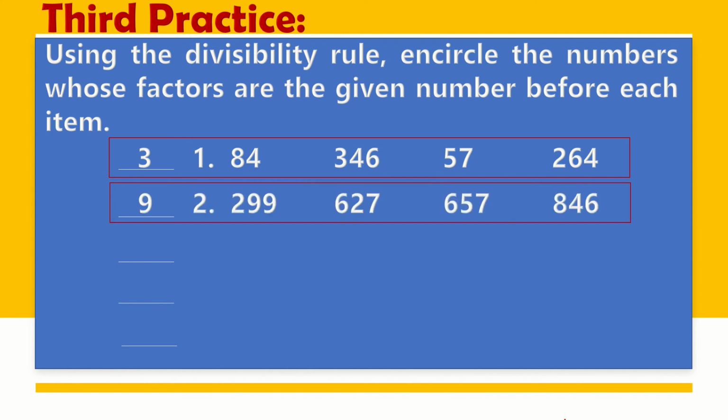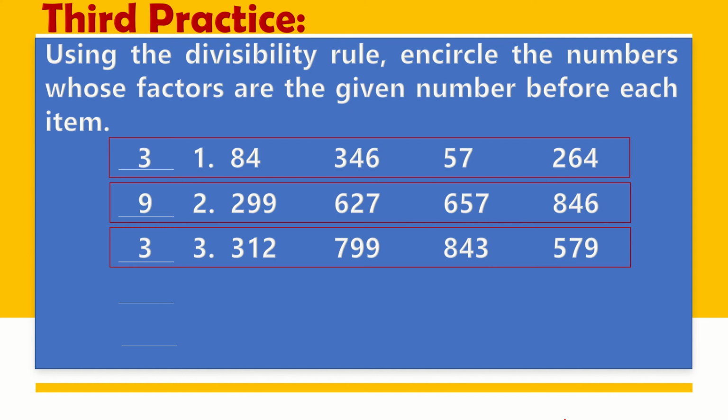For number 2, the factor is 9. So the numbers are 299, 627, 657, and 846. For number 3, the factor is 3. The numbers are 312, 799, 843, and 579.